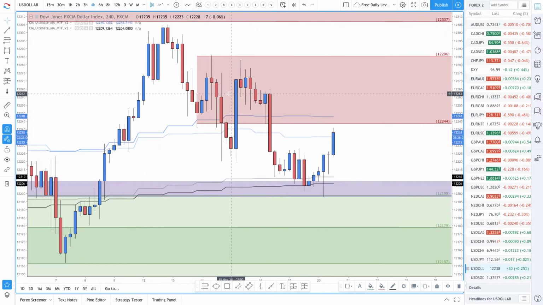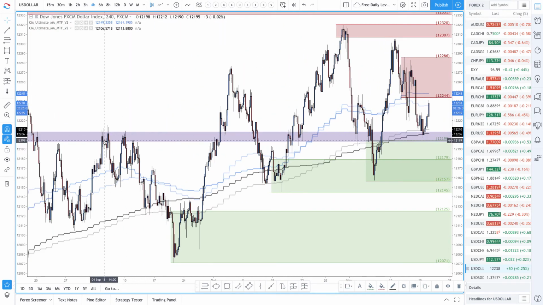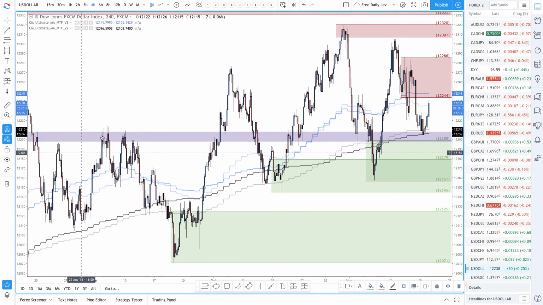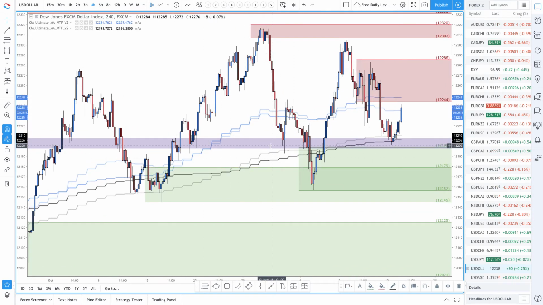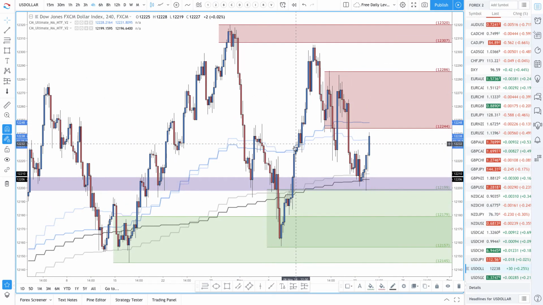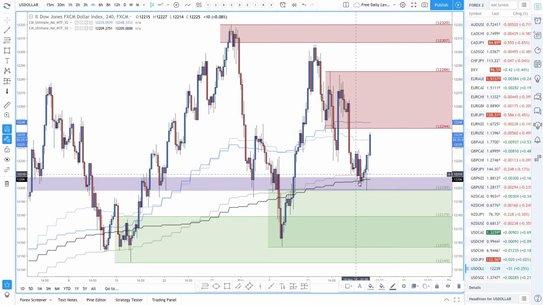If you zoom down into the 4-hour, you can see levels of resistance, and all support and resistance zones are past supply and demand zones that have been broken. So we had the level of support come down here, we touched this demand zone, the top end of it, and put in this nice outside candle.